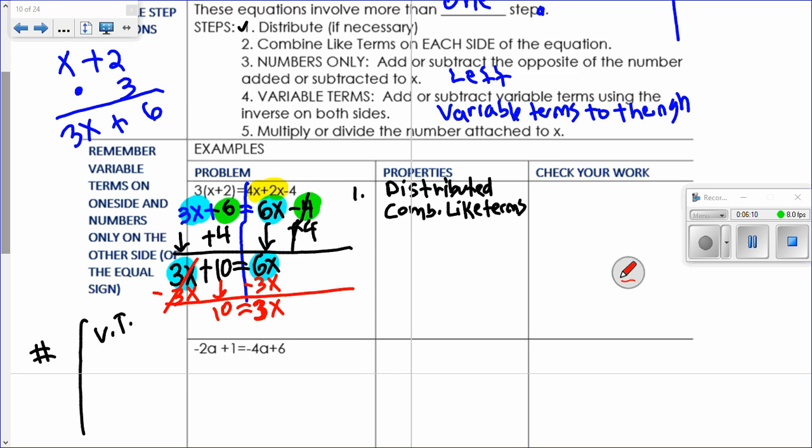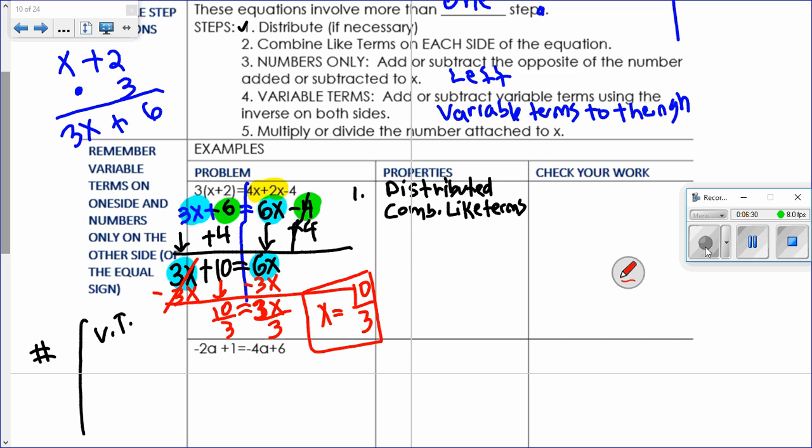After that, you divide by 3 on both sides, and x equals 10 over 3. Check your work.